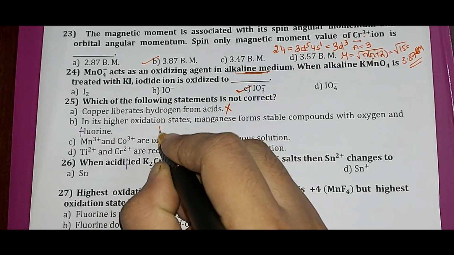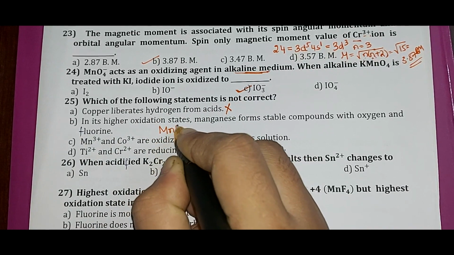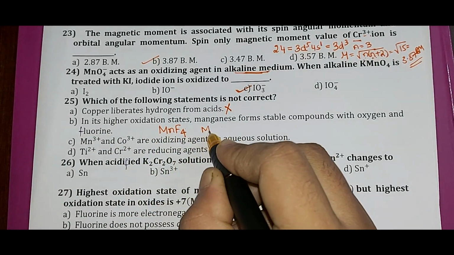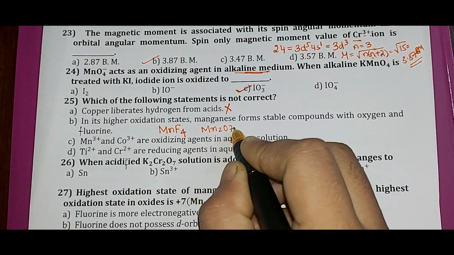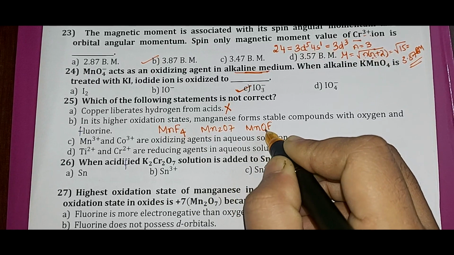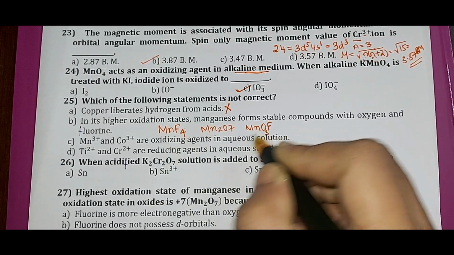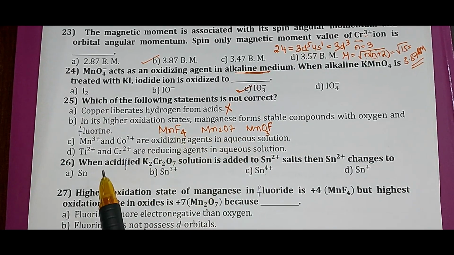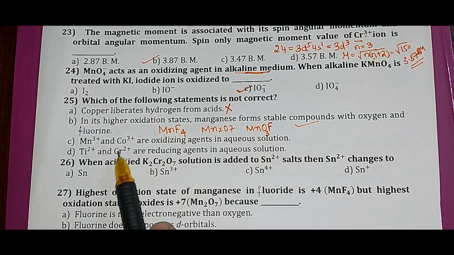So it is seen that the highest stable oxidation state of manganese with fluorine is MnO4, with oxygen is Mn2O7, and with an oxyfluoride it is MnO3F. So it is forming stable compounds with fluorine as well as oxygen. So this is a correct statement.